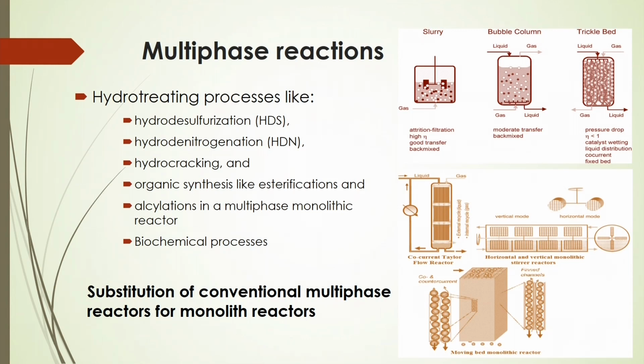There is also channeling of the liquid and gas flow, which may give intensification of the process, but we can further intensify the process by this monolithic structure, where catalyst particles actively take part in the multiphase reactions.